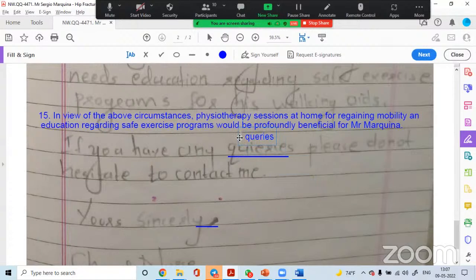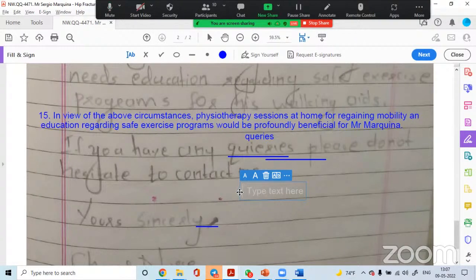Okay, if you have any queries, the A is looking like a U. And here, please, a comma must be there. Okay, but try to improve. Your paper should be like a bride on the marriage day. Beautiful. Okay, next time I want all these changes.